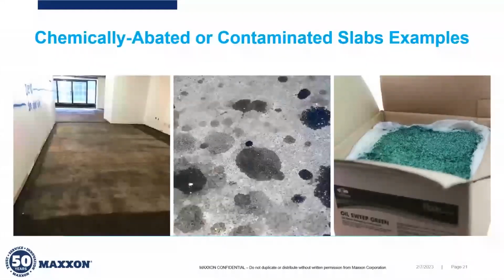So on this slide, I show 3 examples here of what can be described as contamination to the slab, right? So on the left, you see a job that's basically in the process of being chemically abated, and they started with the center portion of this room here, and they've probably used maybe a combination of a solvent to break down the adhesive and then some other things to wash over the surface.